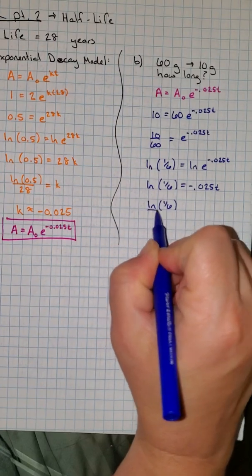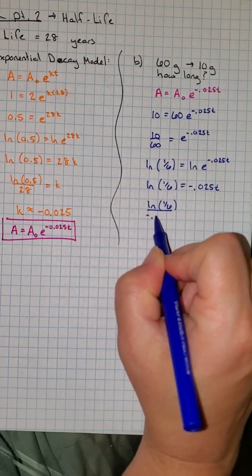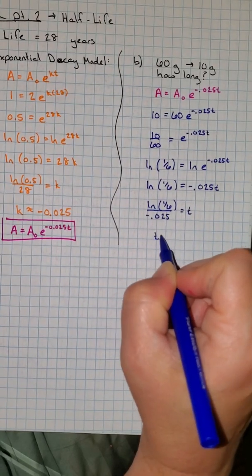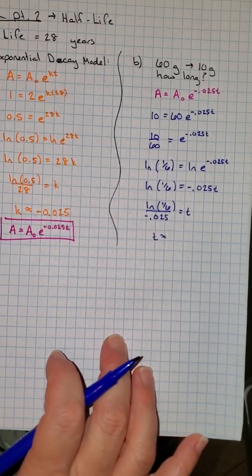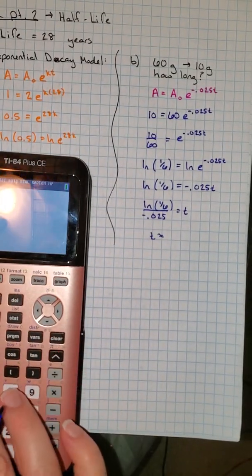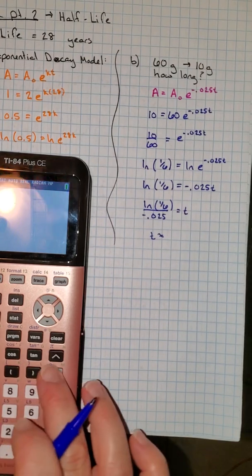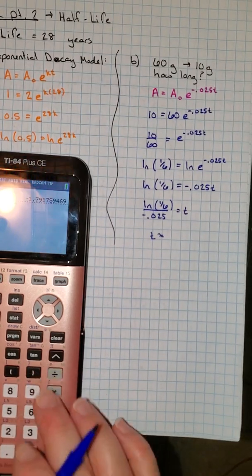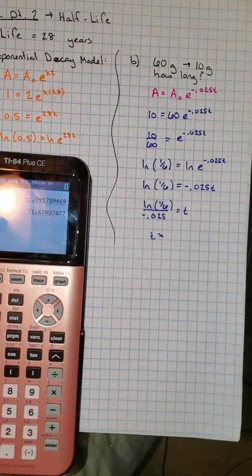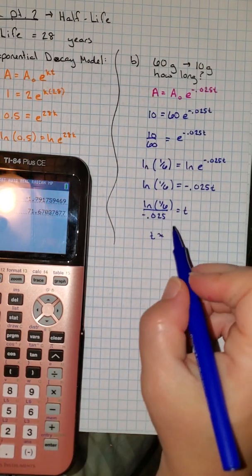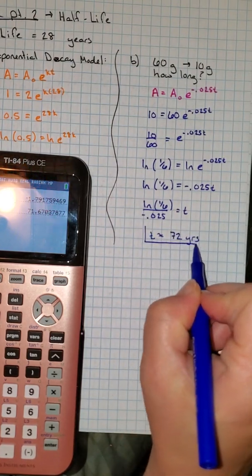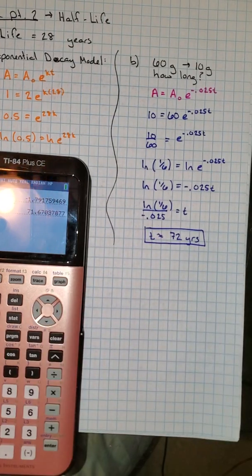So natural log of 1/6 divided by negative 0.025 equals our t. Then we can plug that into our calculator and get an approximate for t. So natural log of 1 divided by 6 divided by negative 0.025, and we get about 72 years. And this one's not a by-which-year problem, so that's your answer.